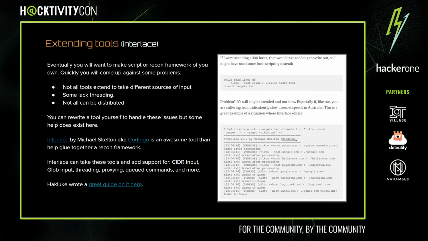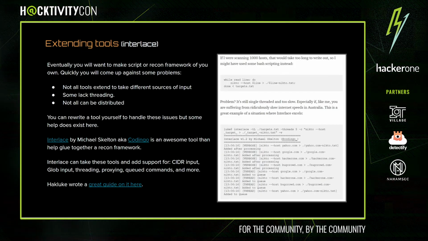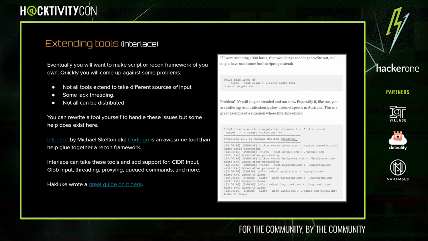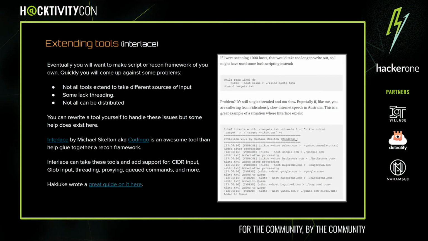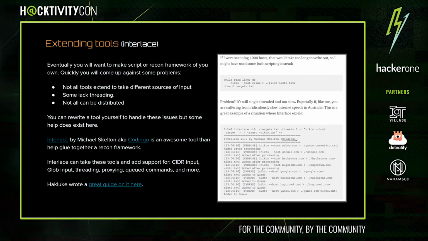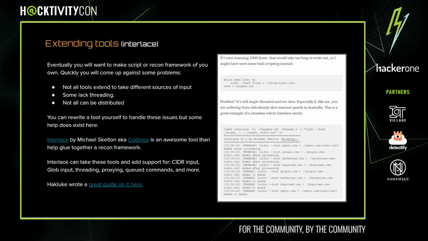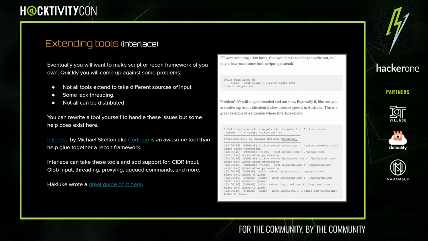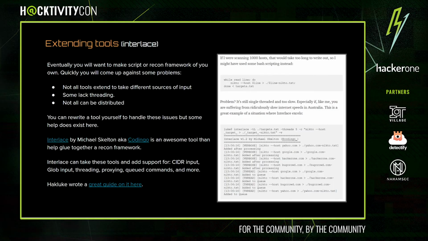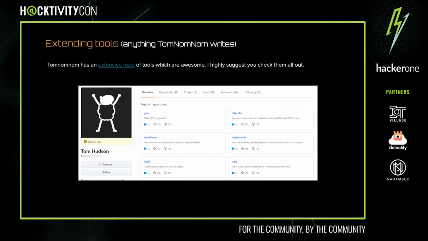So HackLuke wrote an awesome article on some use cases, like threading Nikto, which could be a scanner that you use. A lot of people like Nikto. You can read his guide there. So Interlace is a sweet, sweet tool that allows you to glue together other parts of your recon framework when you get into making one.